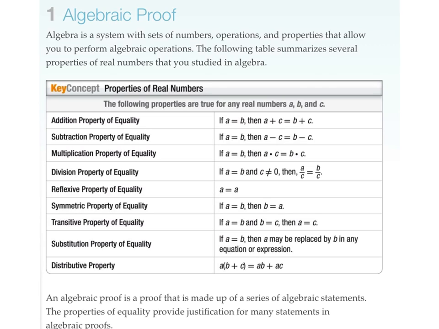Okay, and then you've got the four others: the symmetric, where if A equals B, then B equals A. And then the transitive, which is just like you've been doing with the law of syllogism. If A equals B and B equals C, then A must equal C. You should have that one. Obviously you've got the substitution. You've done the substitution property many times before, and the same with the distributive.